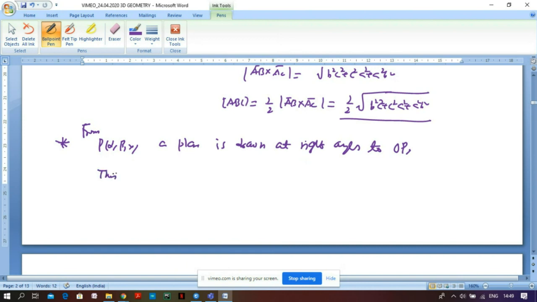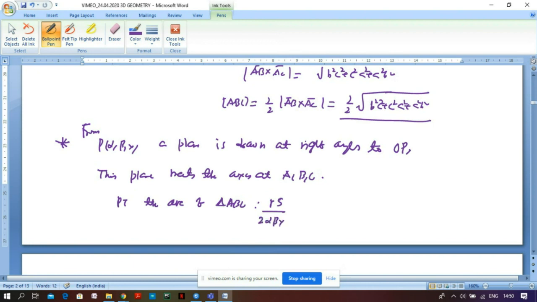And this plane meets the coordinate axes at say A, B, and C, the usual thing. Then you have to prove that the area of triangle ABC equals r to the power 5 over twice alpha beta gamma, where r happens to be OP, meaning r is the length OP.